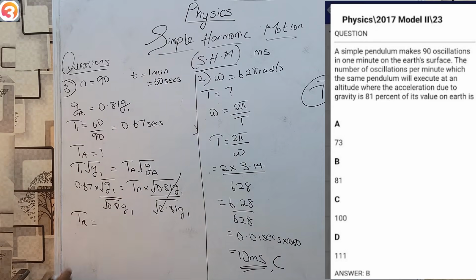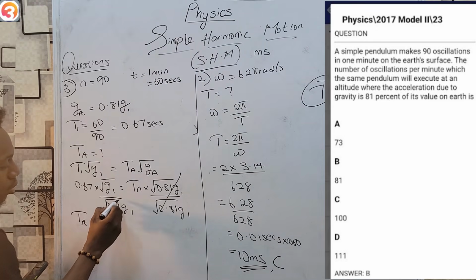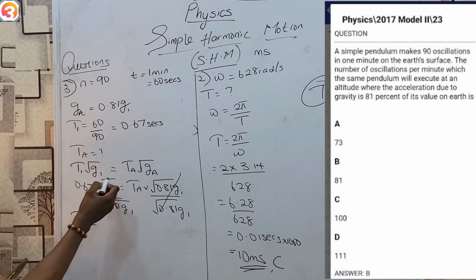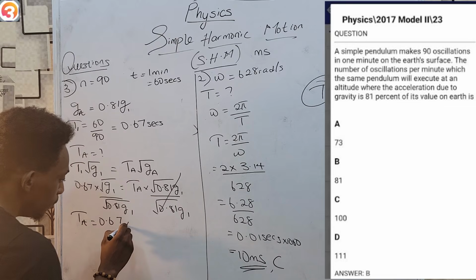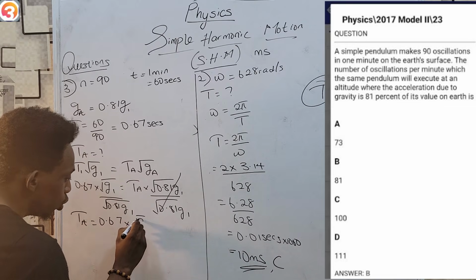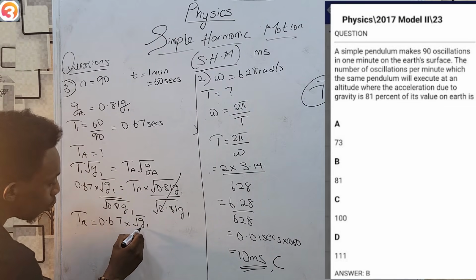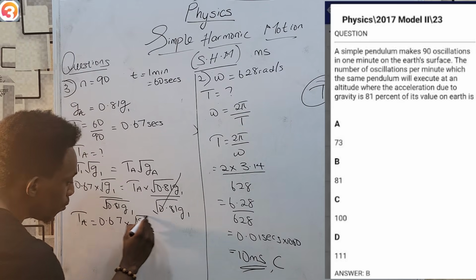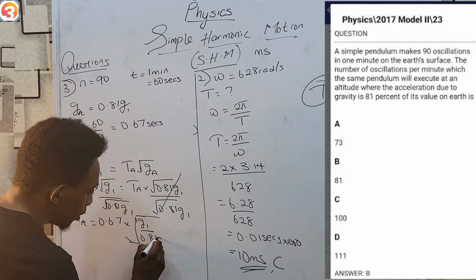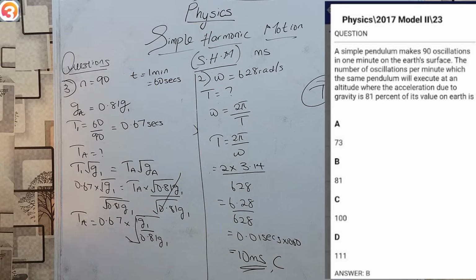TA becomes equal to, now this square root of G1 here is affecting both. So if I separate it, I can have 0.67 times square root of G1 over, let's put them under the same square root, over 0.81 G1. This G1 cancels G1.